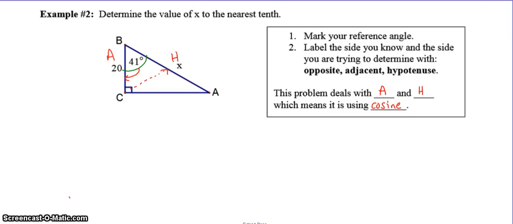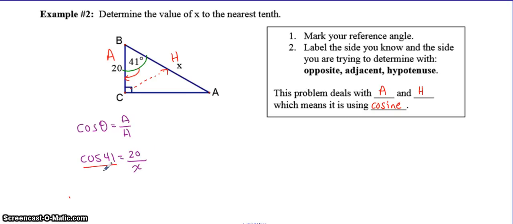So what you're going to do now is write down the formula. So cos theta equals adjacent over hypotenuse. Substitute in what you know. You know that theta is 41. You know that the adjacent side is 20 and the hypotenuse side is x.